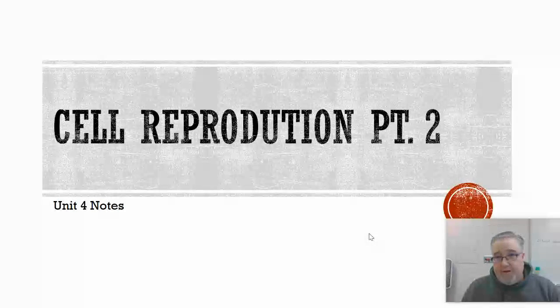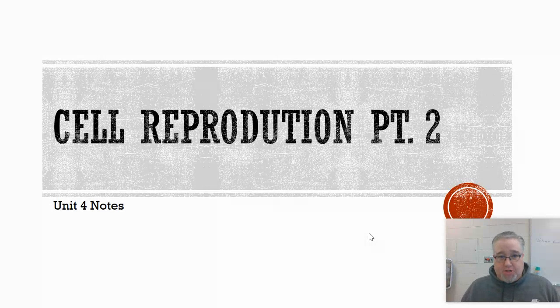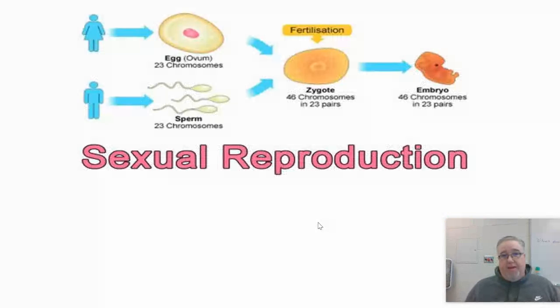I mentioned in that video yesterday certain types of cells in your body have the diploid number of chromosomes, and some cells in your body have the haploid number of chromosomes. We should know what types of cells those are, and we should also know what the number is.